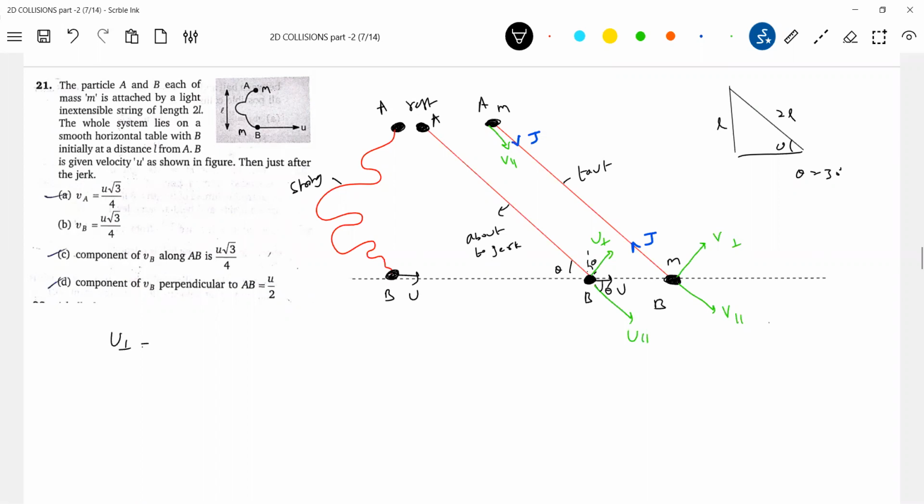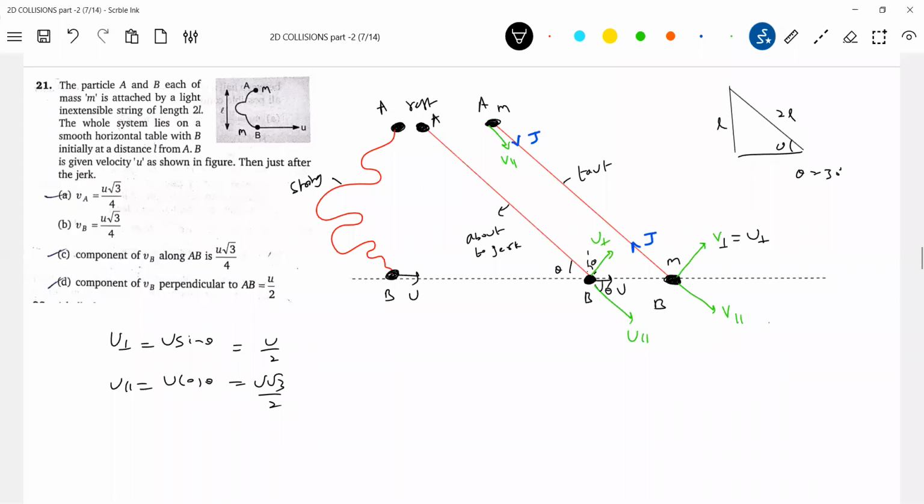So what is u perpendicular? U sin theta. U parallel will be u cos theta. U by 2, u root 3 by 2. So what should happen to V perpendicular? V perpendicular must be equal to u perpendicular. The component will not change. How to calculate V parallel?